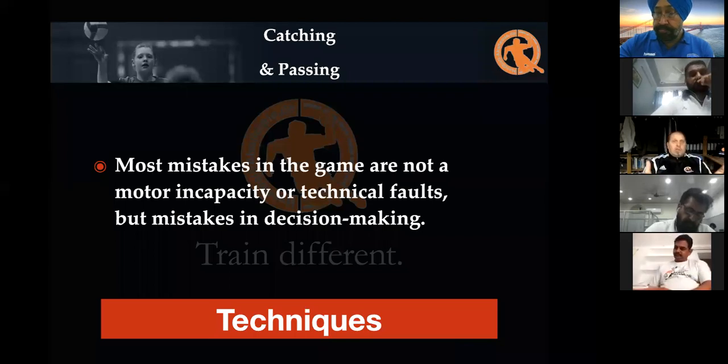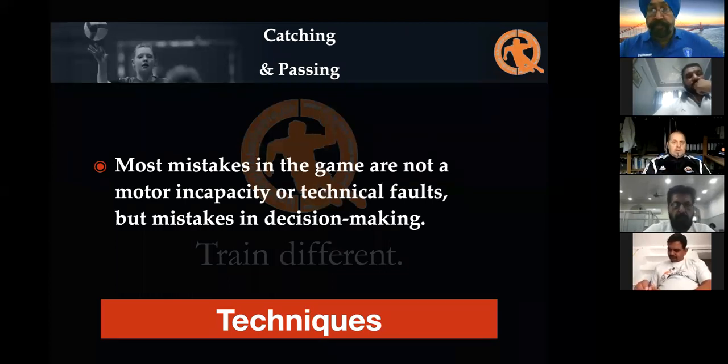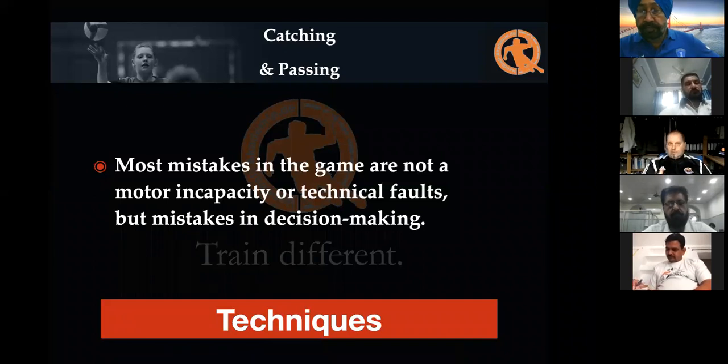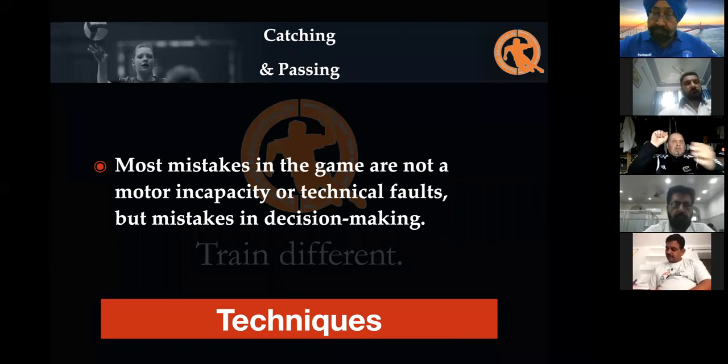If the direction is not okay, it will miss the player who should catch. If the power is not okay, the ball will fall down or go over the player who would like to catch it. So in that moment, it's a type of coordination skill that the players can differentiate the power for the different distances in passing on one side, and they can give the ball the correct direction.